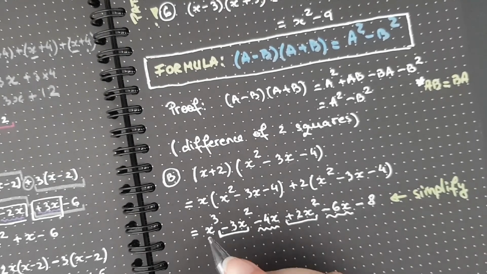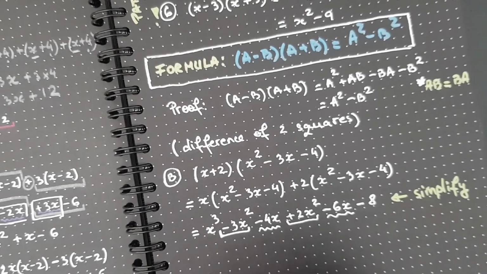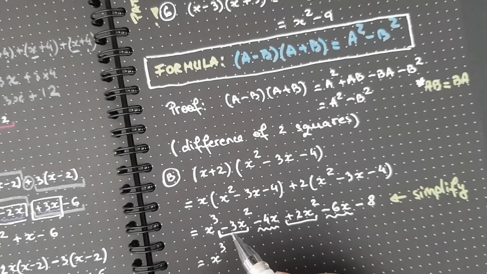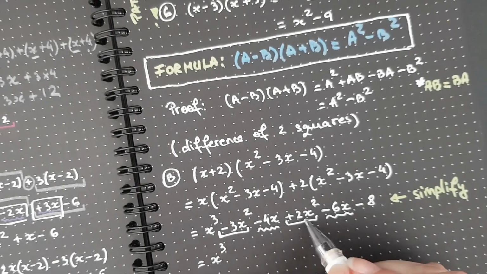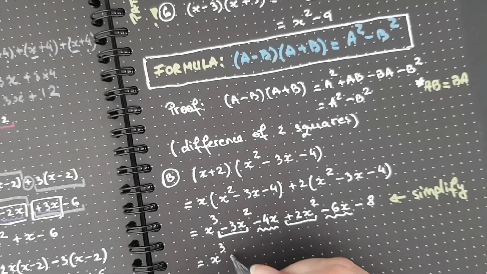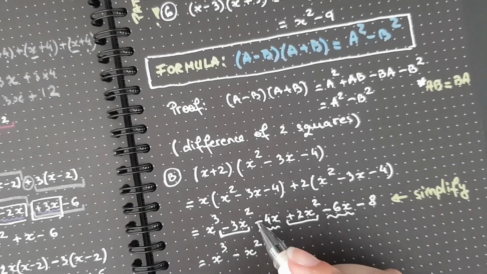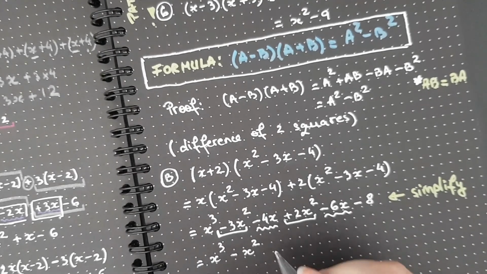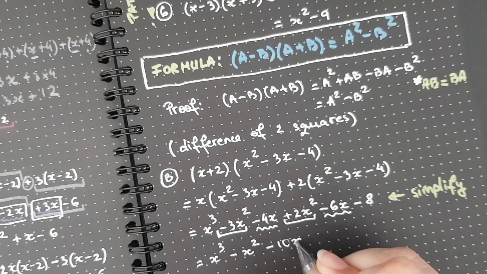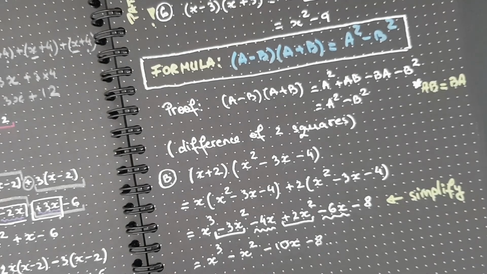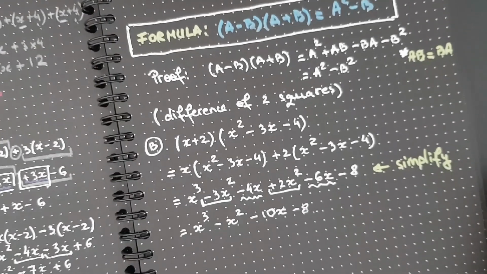Then I have just one x cubed and one number by itself, so that's fine. The x cubed is an x cubed. Then I have a negative 3x squared and a plus 2x squared. That gives me negative x squared. Then I got a negative 4x and a negative 6x. That gives me negative 10x. And then I've got the negative 8. Done. Exciting.